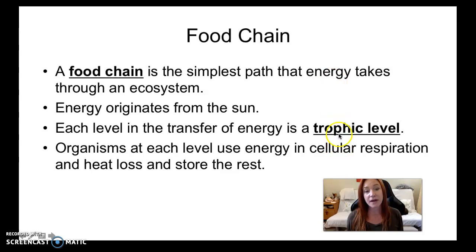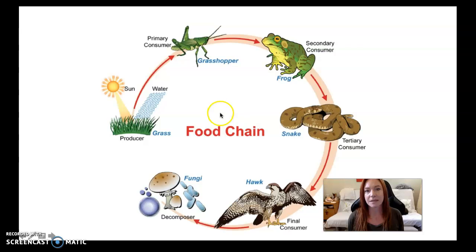The fancy word for energy is trophism. Trophic levels are the levels represented in an energy flow in a food chain and food web. So each thing that eats a thing is a different trophic level, and I'll show you what that means in just a sec. So here's a very basic food chain.